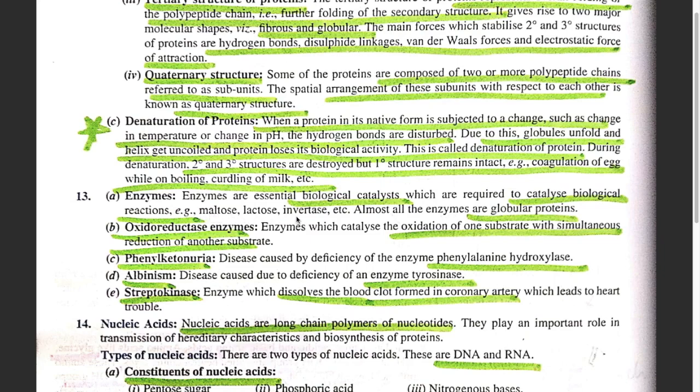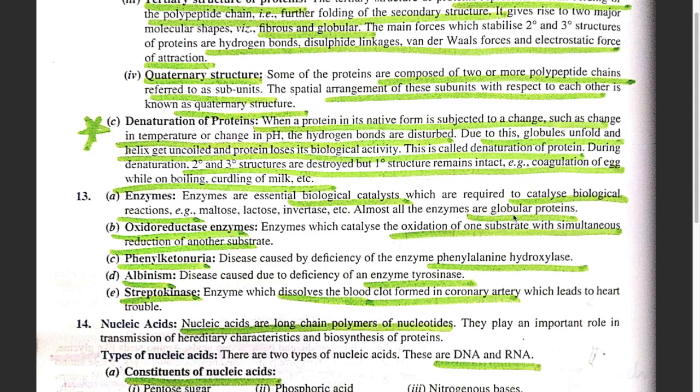The enzyme working on sucrose and breaking it down into glucose and fructose will be invertase. The enzyme working on lactose will be lactase. Depending upon which substrate they work on, they are characteristic in their action, and we have different names for different enzymes.